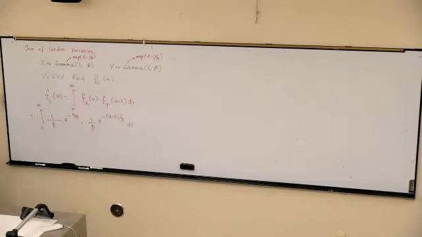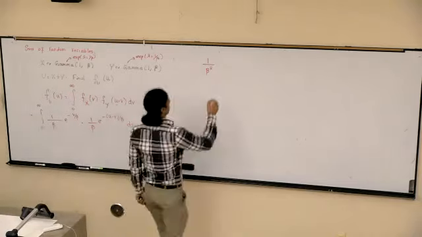So I'll have 1 over beta squared, integral 0 to infinity, e raised minus v over beta times e raised minus u over beta times e raised plus v over beta.